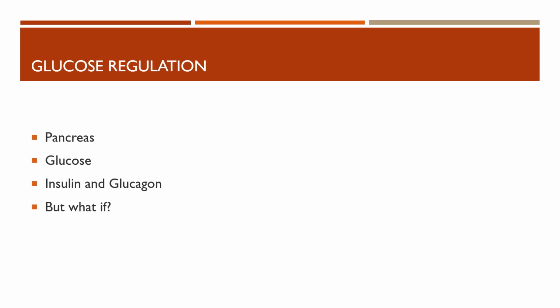All right, so in the pancreas, you have these islets of Langerhans cells, and those secrete insulin and glucagon. Glucose is essential for the body and it's its primary energy source, especially for the brain. Insulin comes from the pancreas and it's going to decrease blood glucose levels.